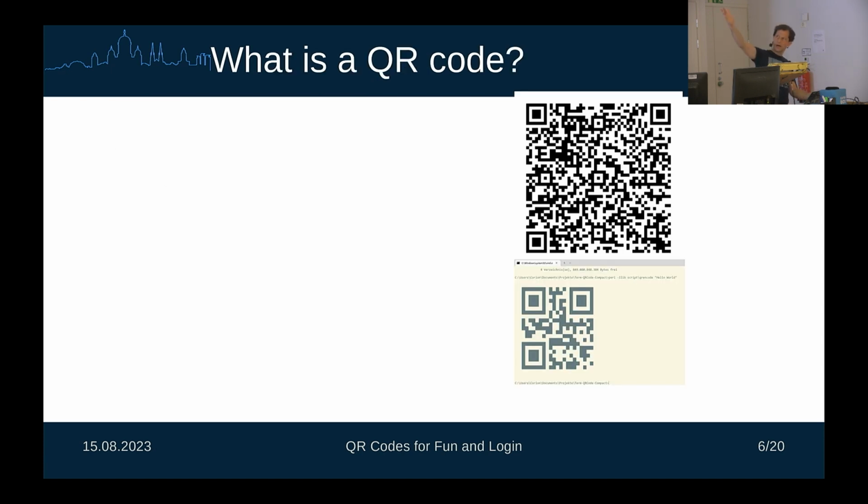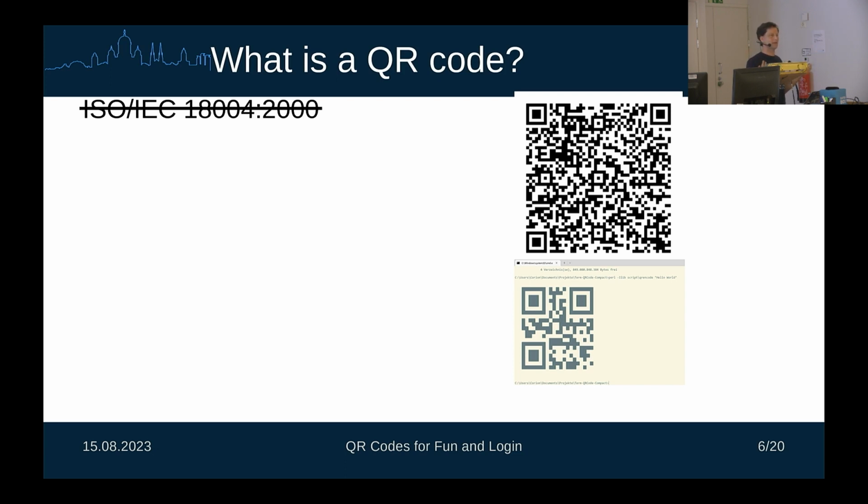Now, here are two QR codes, but what is a QR code? Well, there is an ISO standard for QR codes, but it was retracted. I don't know why. Maybe politics, maybe some deeper thing.